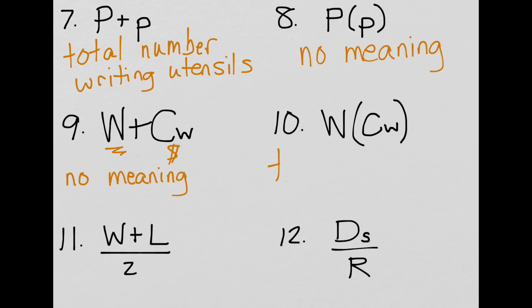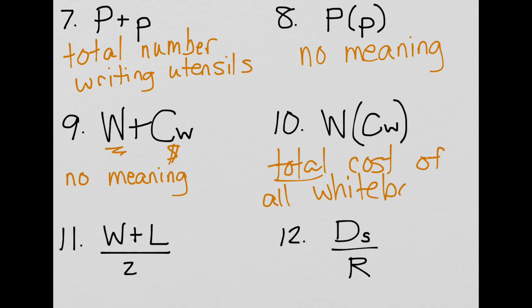It's the total cost of all the whiteboards. Now, notice again the words I'm using here. I've got this word total, and I'm not just translating it. I'm interpreting it. What does it mean?